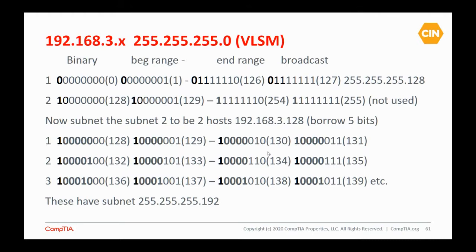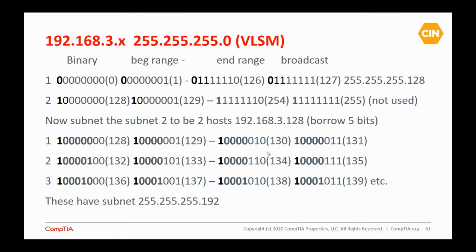The first one would be 5 zeros. The second subnet would be 4 zeros and a 1. The third one would be 3 zeros, 1, 0. But they all have the 1 in front because they're all part of that one subnet. And then it builds on across.